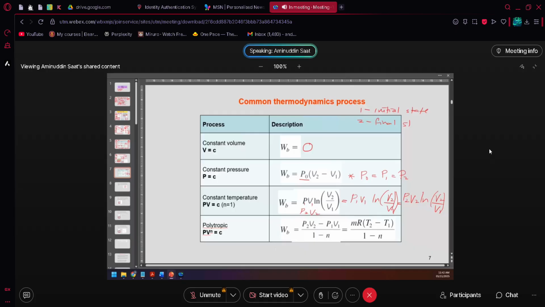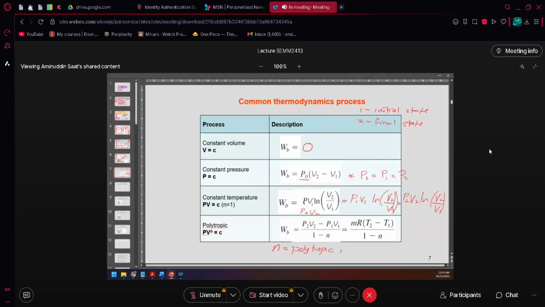And lastly, for the polytropic, you have P2 V2 minus P1 V1 divided by 1 minus n. This is a bit of a long equation. So what is n? n is the polytropic index.